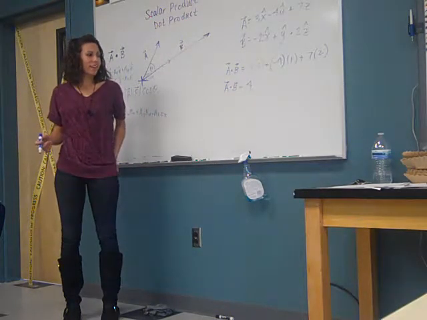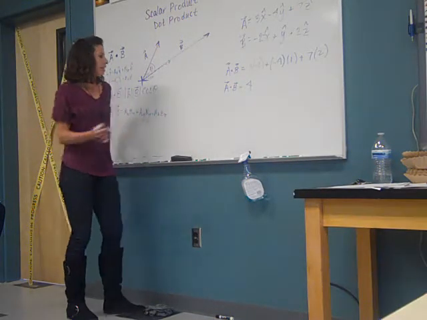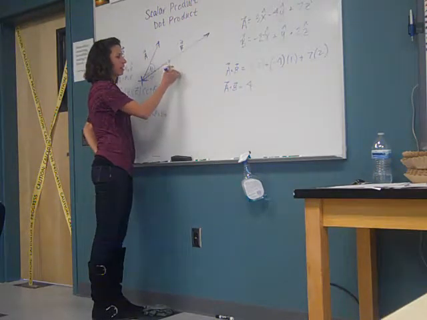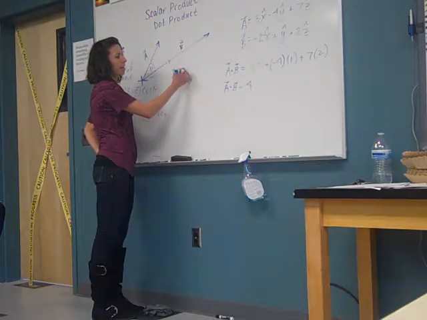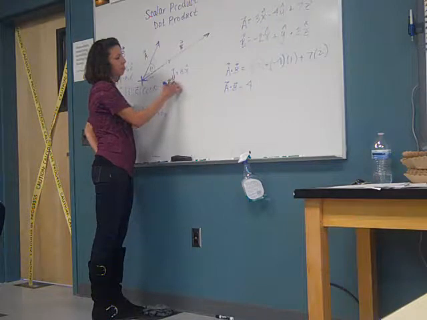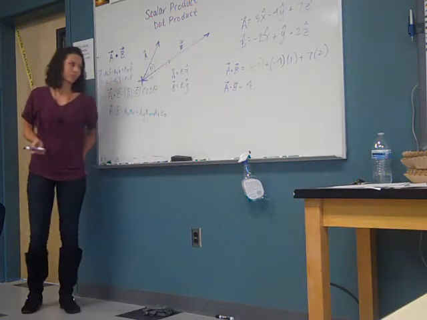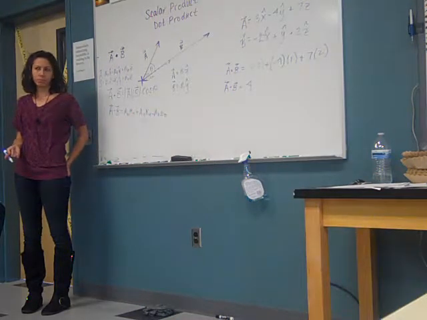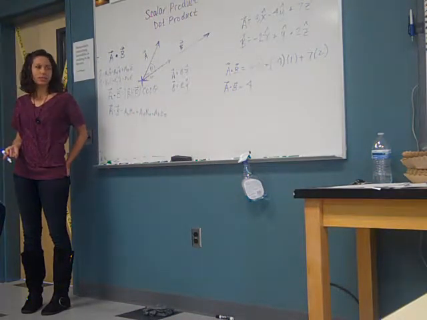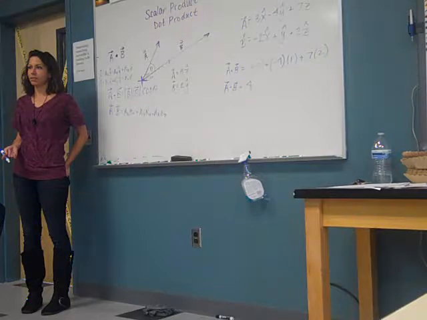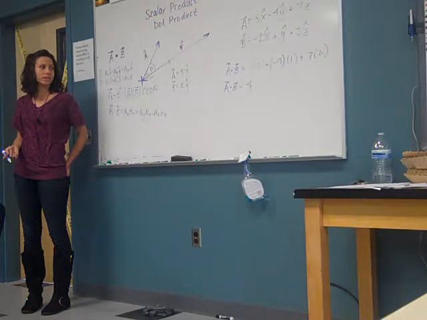Okay. Next question. Vector A is equal to 3x hat, and vector B is equal to 2y hat. What is the dot product? 0. Why?